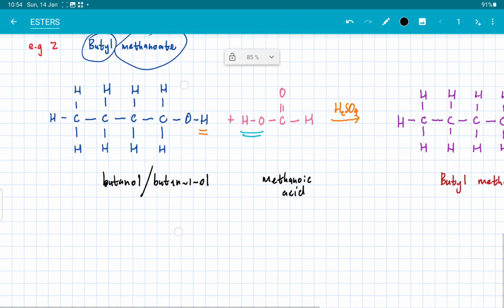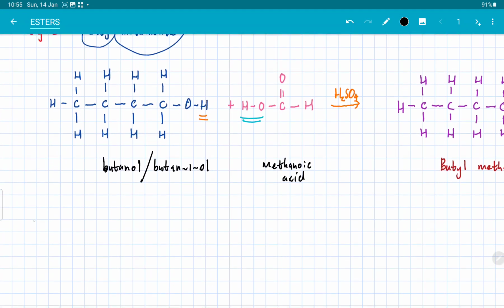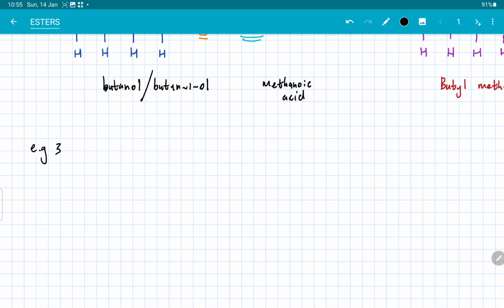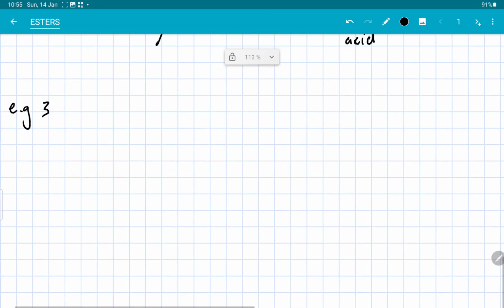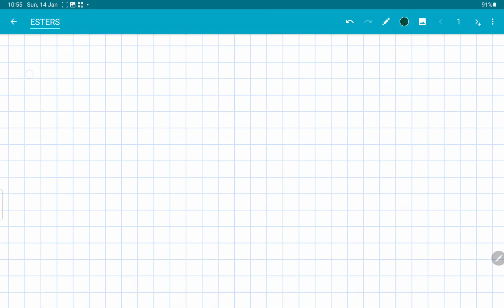Final example, I'm just going to write a name and structural formula. So EG3. I'm going to write two possible ways of doing this. Let's say EG3.